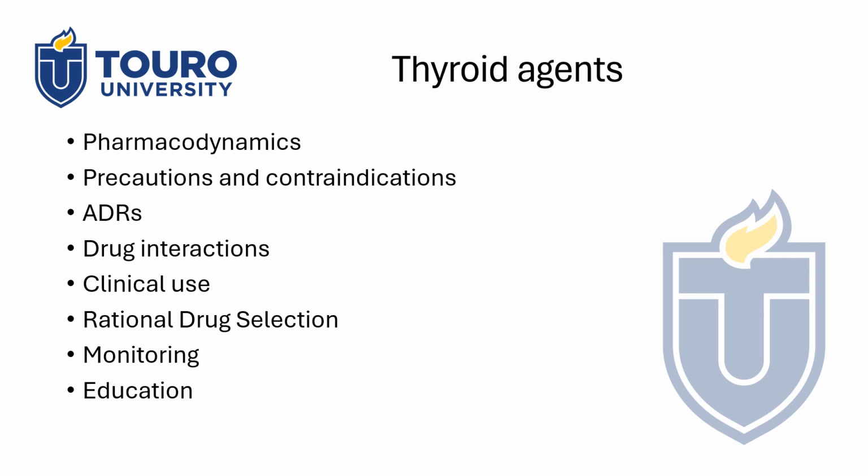Drug interactions with this medication can occur with certain antacids, bile acid sequestrants, ion exchange resins, iron supplements, and calcium. Levothyroxine should be taken at least 4 hours before or after any of those things are taken. And why?